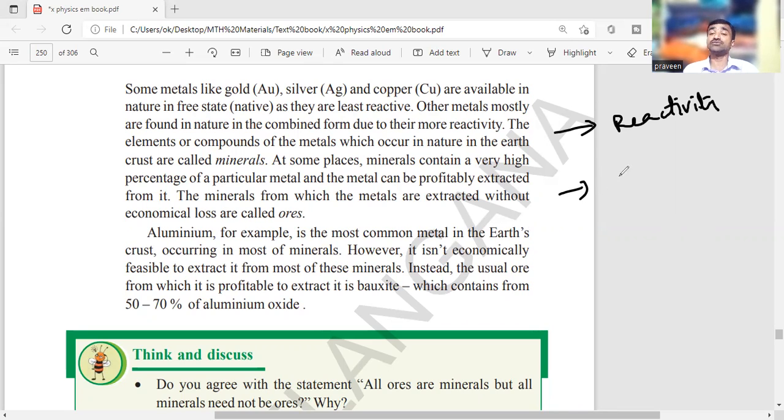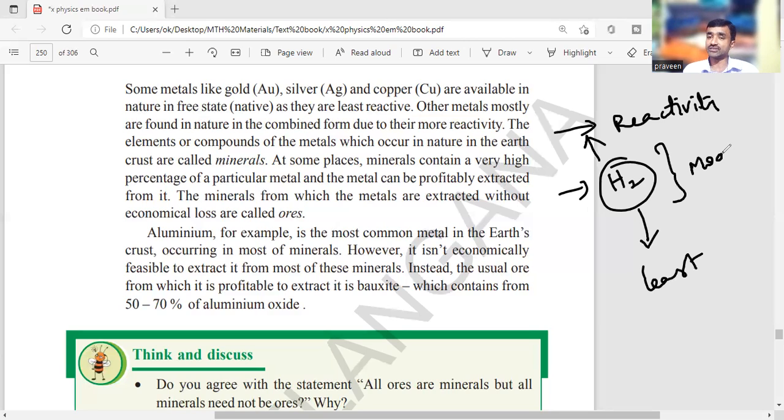The reactivity, the combining capacity of an atom with others, is decided based on hydrogen. Those above hydrogen are said to be highly reactive. If they are below hydrogen, they are said to be least reactive. In between them is called moderate, right? Just very close to hydrogen, above or below, comes in this category.